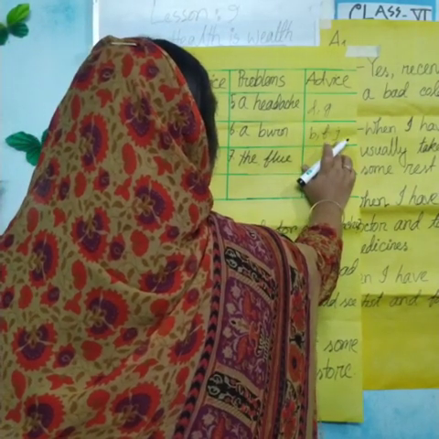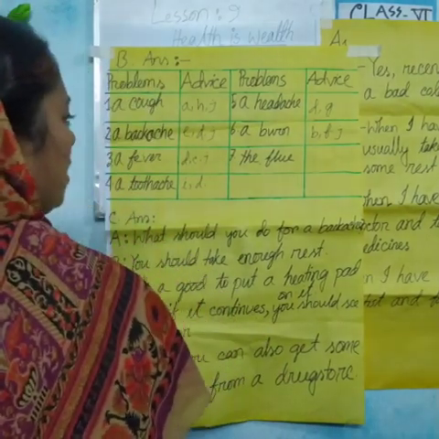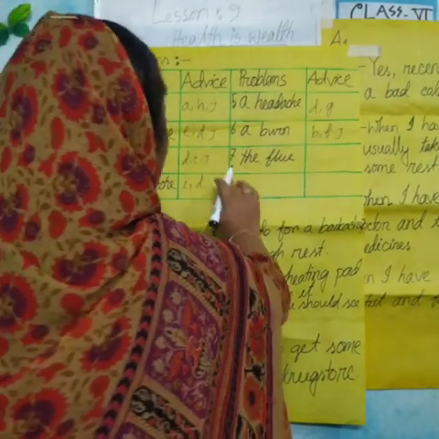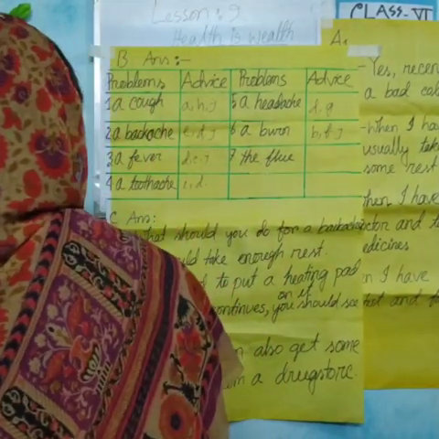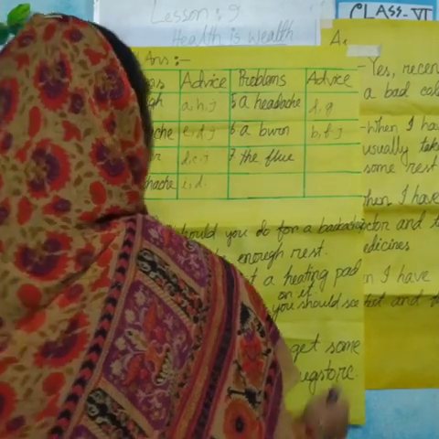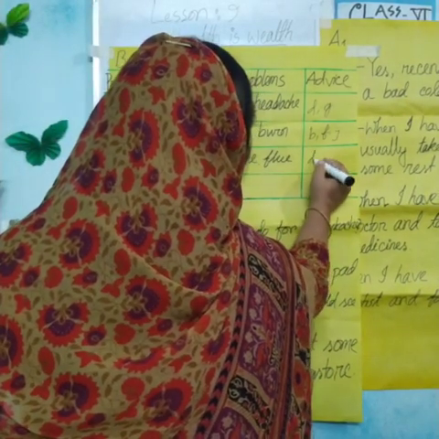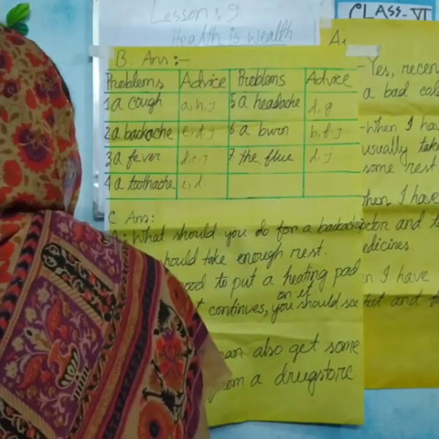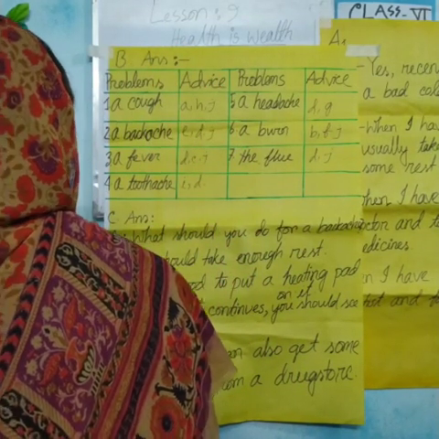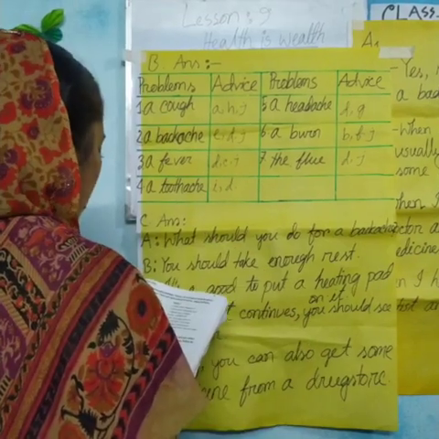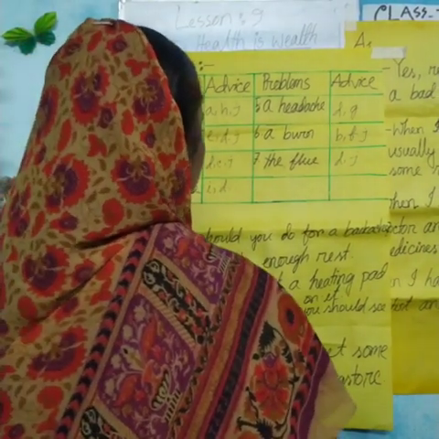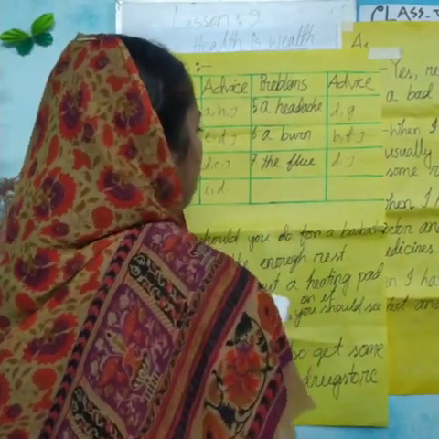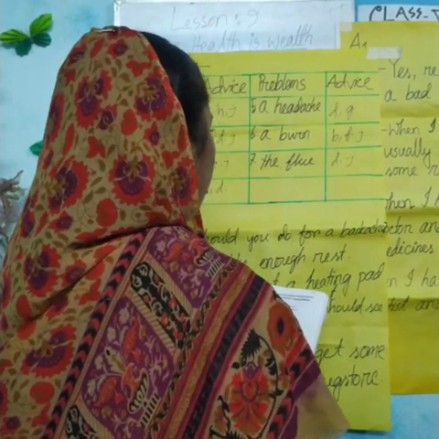And J, if it increases, see a doctor. For the flu, we can write the numbers D and J. D, take enough rest, and J, see a doctor.